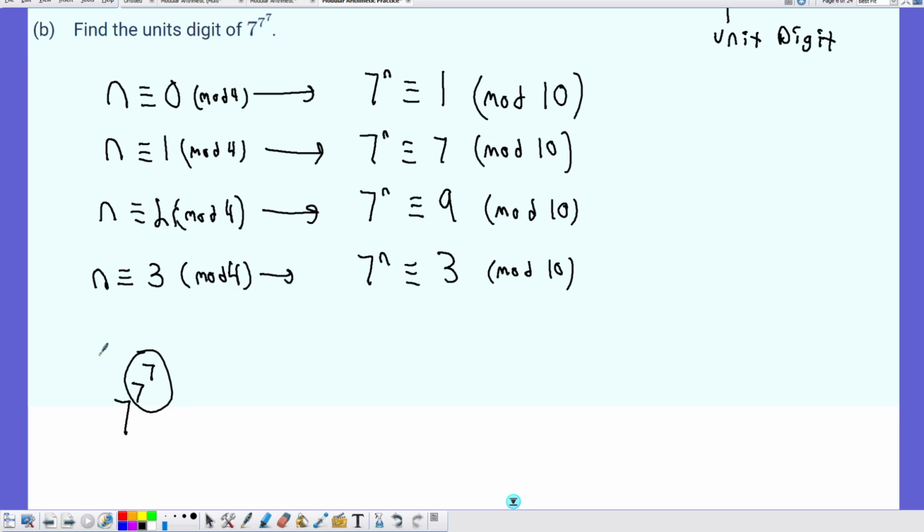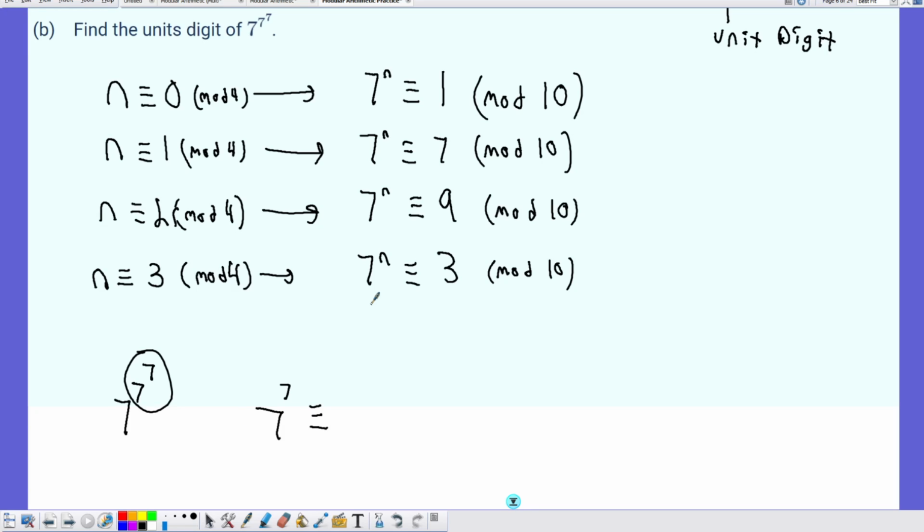Evaluate that piece of the puzzle. So, for instance, now I want to find something about 7 to the 7th power. But this is an exponent. So, in terms of the exponents, I'm going to evaluate it in terms of mod 4.